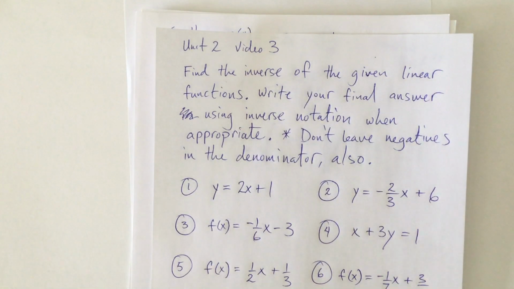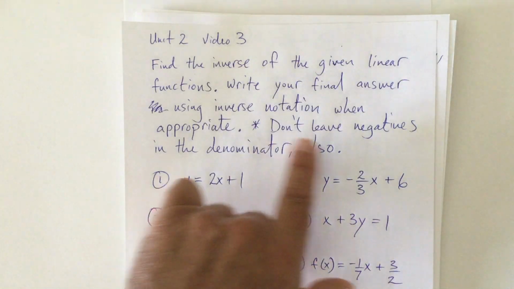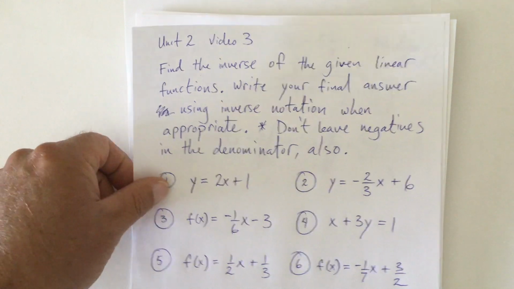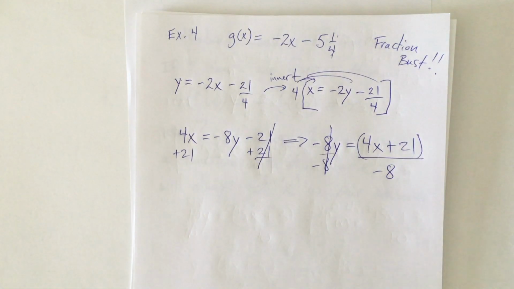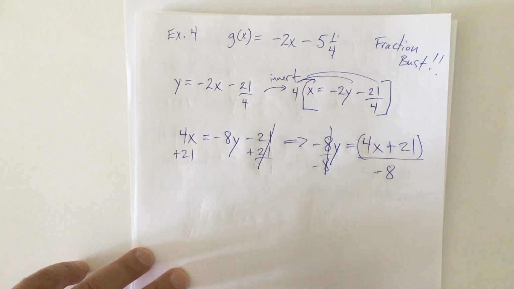One thing I wrote in my instructions: don't leave negatives in the denominator. Why? Because it's a bad habit. It's a bad habit you're going to have to break. So you might as well not do it from the beginning, right? So instead of leaving the negative on the bottom, put it on the top.